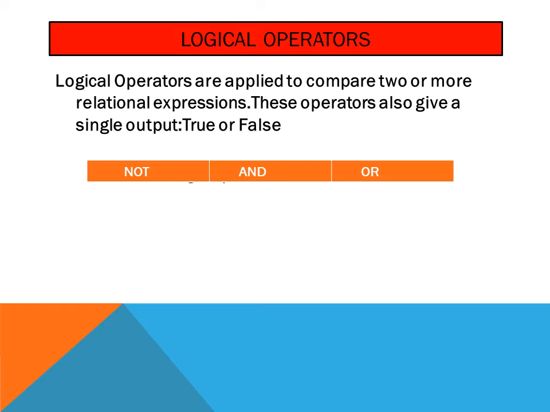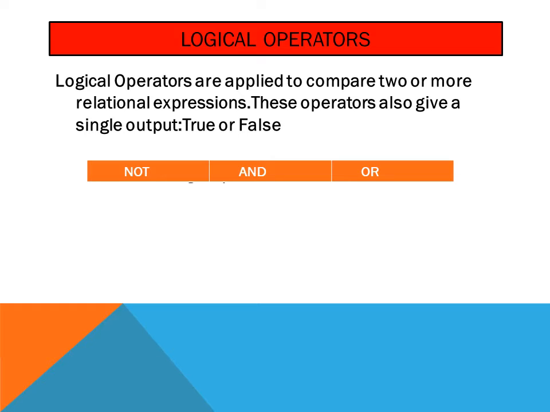Logical operators are applied to compare two or more relational expressions. That means we are using these operators for the comparison of any two relational expressions. These operators always give a single output, that is true or false, depending on the condition.